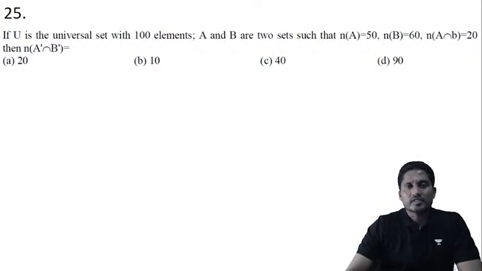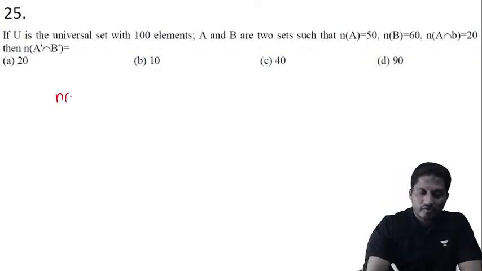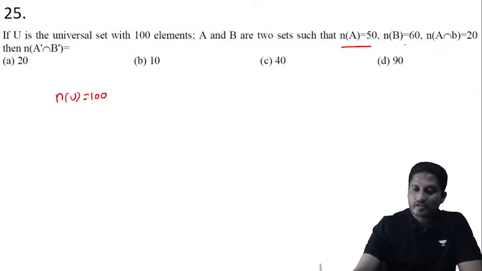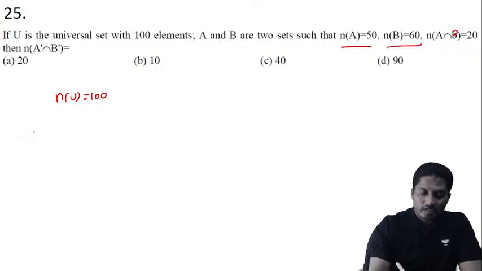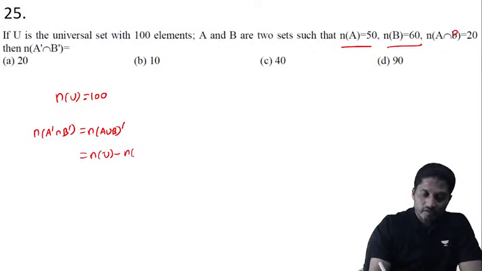If U is a universal set with 100 elements, n of U is equal to 100. N of A is equal to 50, n of B is equal to 60, n of A intersection B is 20. What is n of A dash intersection B dash? This is equal to n of A union B whole dash. This is equal to n of U minus n of A union B. N of U is equal to 100.